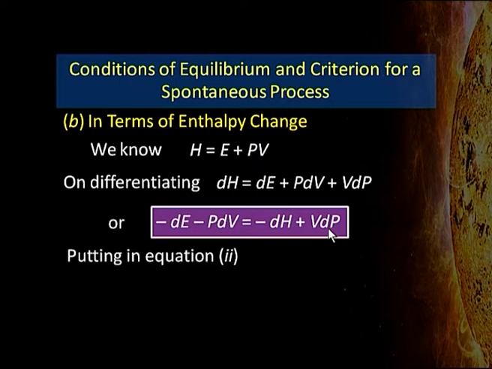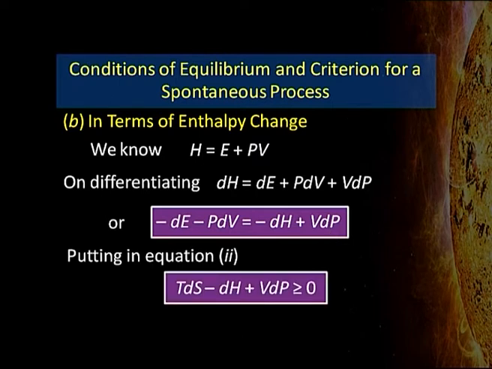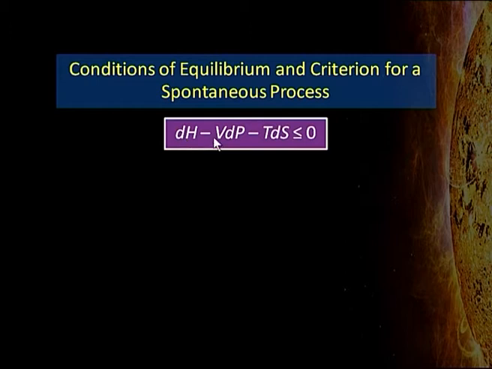Putting these values in equation 2, we will have TdS minus dH plus VdP is greater than or equal to 0, or we can say dH minus VdP minus TdS is less than or equal to 0.